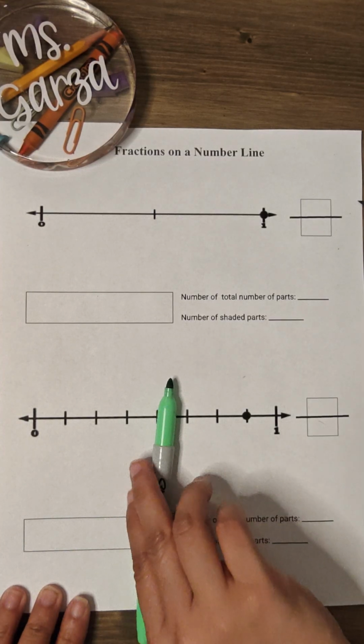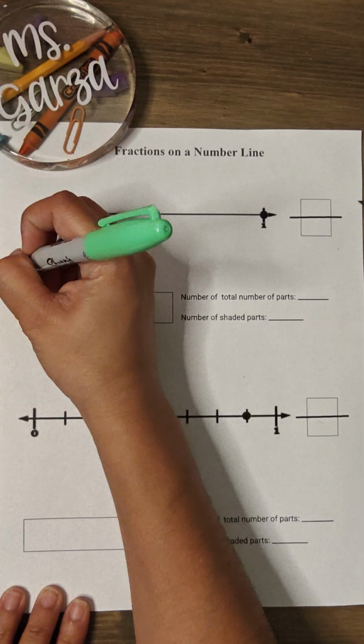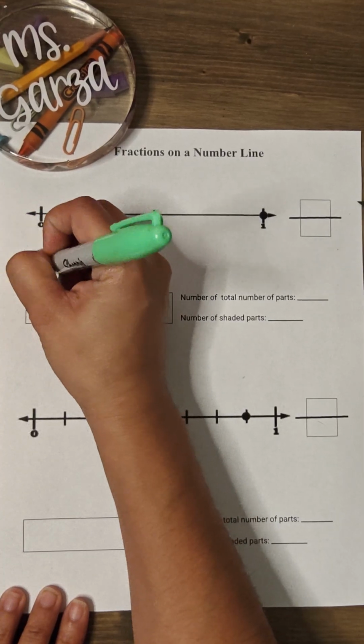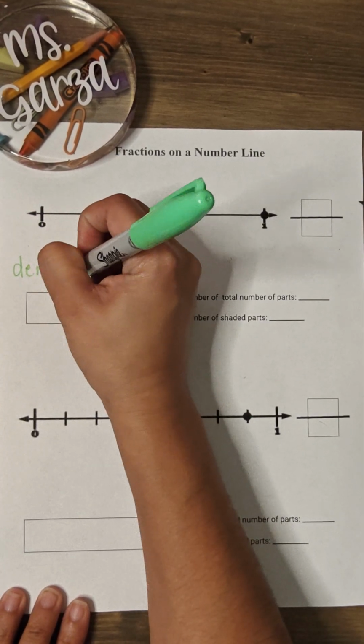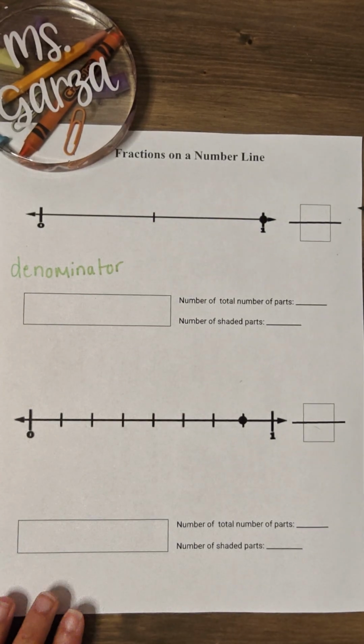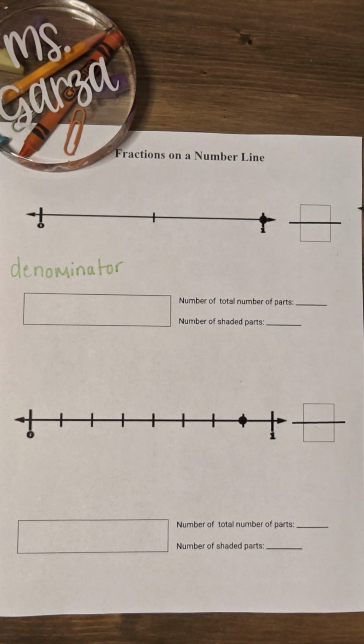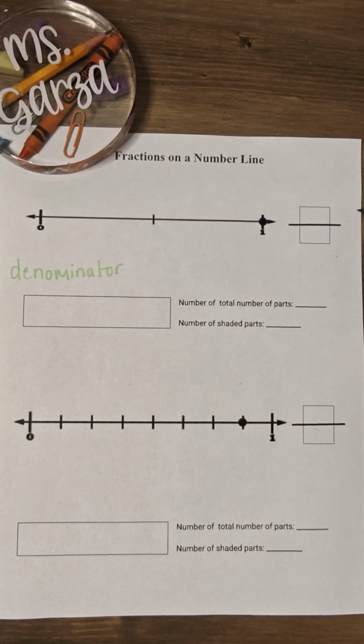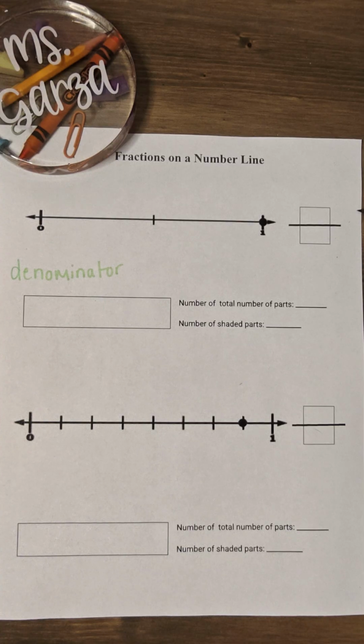The green marker will be used to talk first about the denominator. Our denominator basically means that there is a number that represents the total number of equal parts that represents a whole.